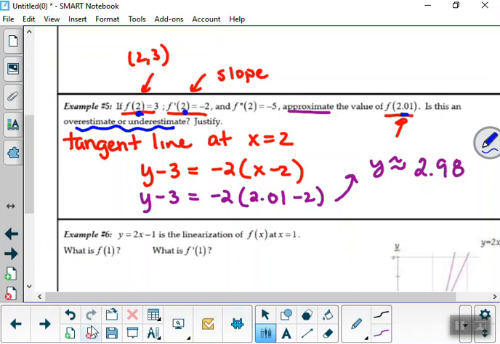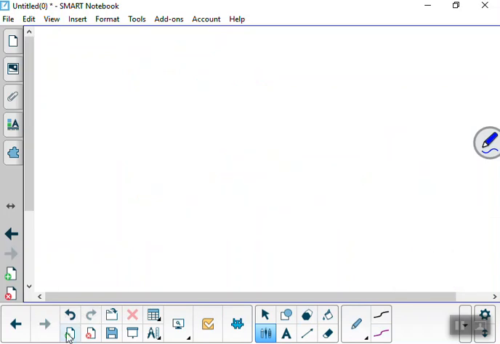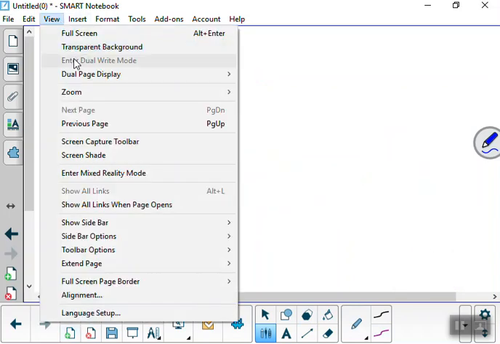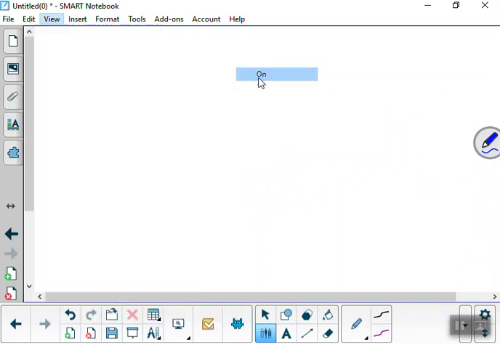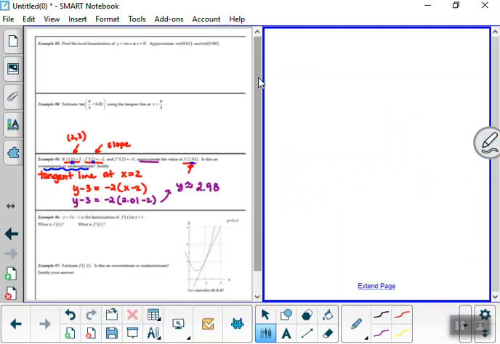Is your tangent line an overestimate? Is your tangent line an underestimate? Let me go to a dual page. It's got nothing to do with knowing any more information about the original function other than knowing concavity around the tangent line.